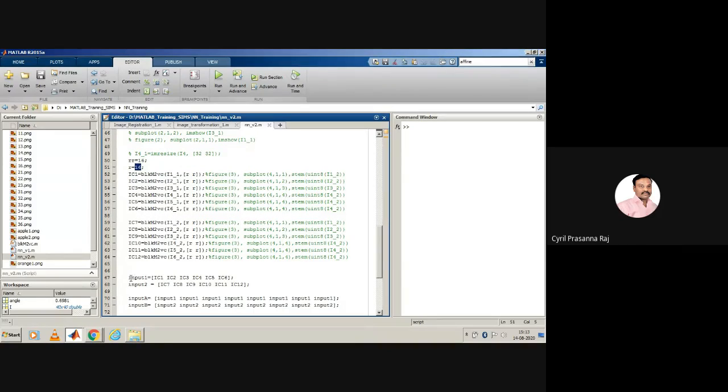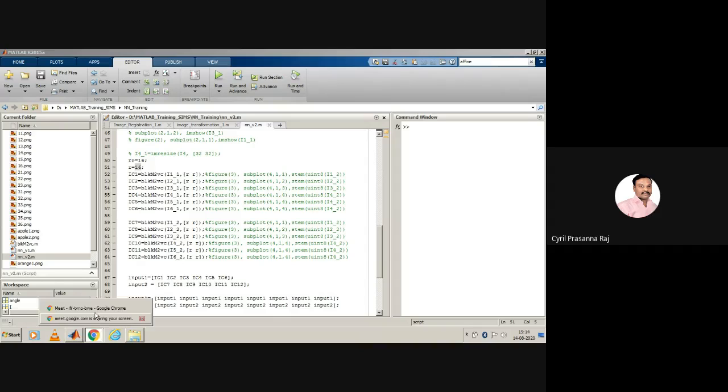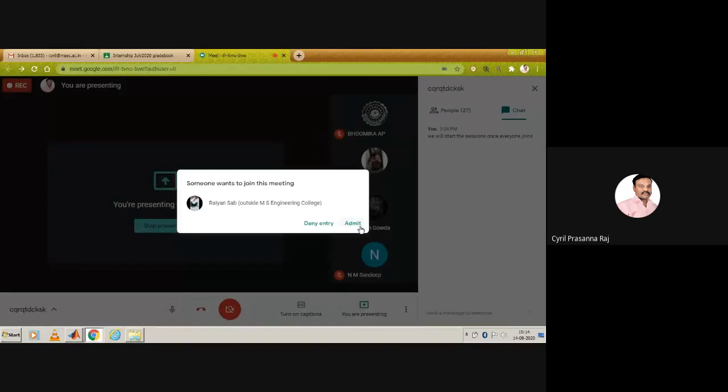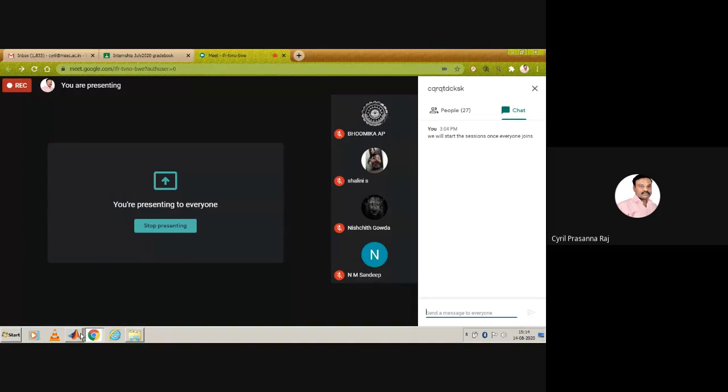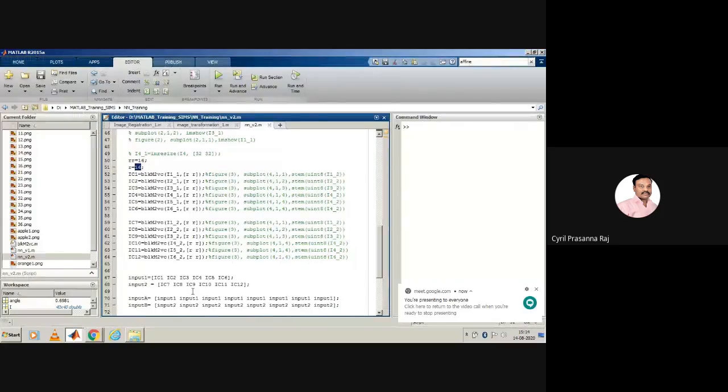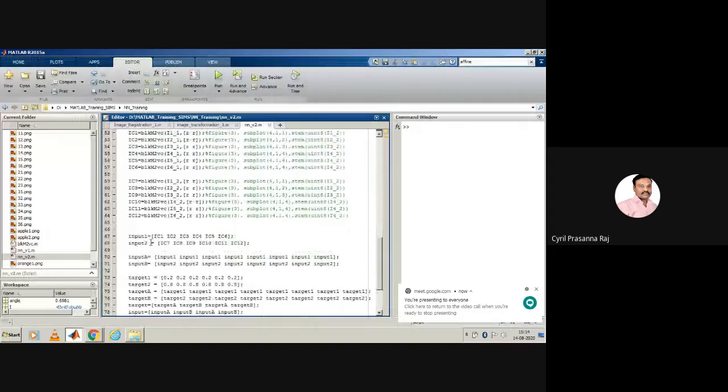Then we define an input called input 1, wherein we cascade all six images as column vectors, IC1 to IC6, and input 2, IC7 to IC12, also cascaded. So we have two inputs, input 1 and input 2.